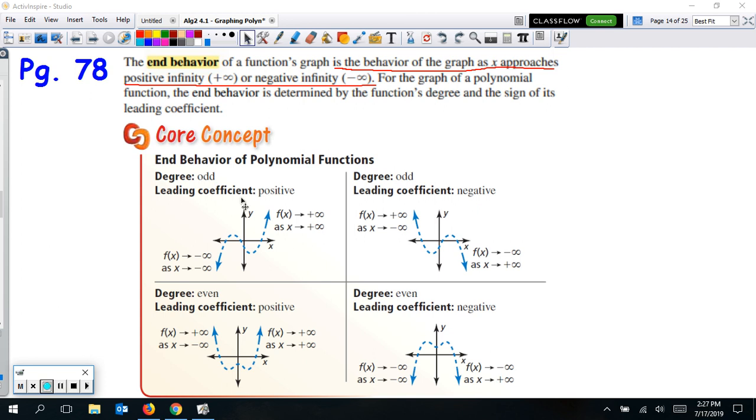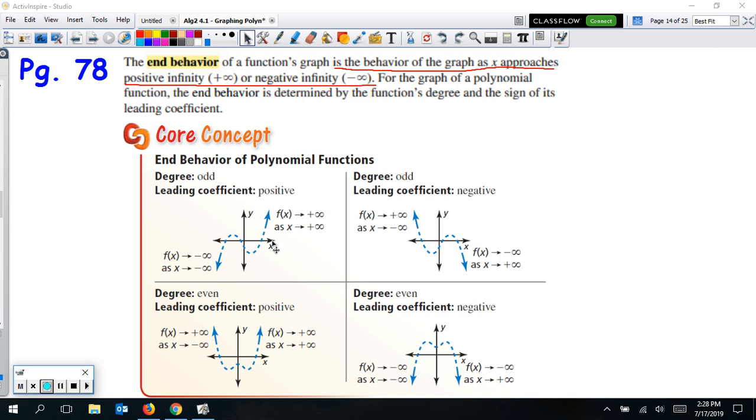But now as we get into looking at cubic ones or any odd degree functions, one arrow is going to be up and one arrow is going to be down. You can see it's different. One arrow is up, one arrow is down. So when you have an even degree function, that could even be an x to the 4th function or x to the 6th function, it's going to be the same. Both arrows are going the same direction. But when it's an odd degree function, the arrows are going in opposite directions.